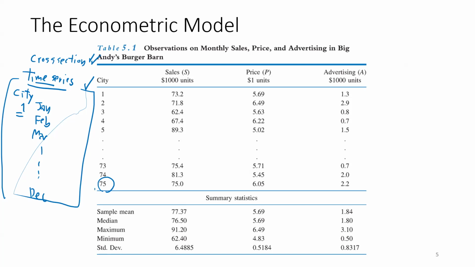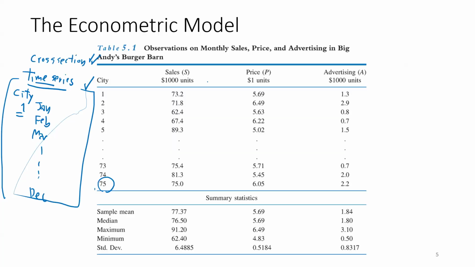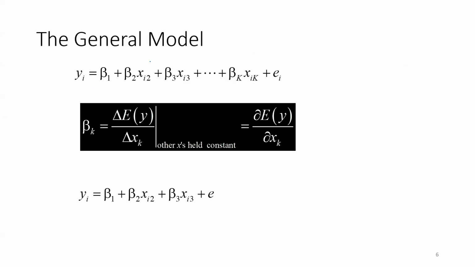So we can have as many X as you want. Here in the example we have only two X, price and advertise, but the general model allows you to have as many X as you would like.